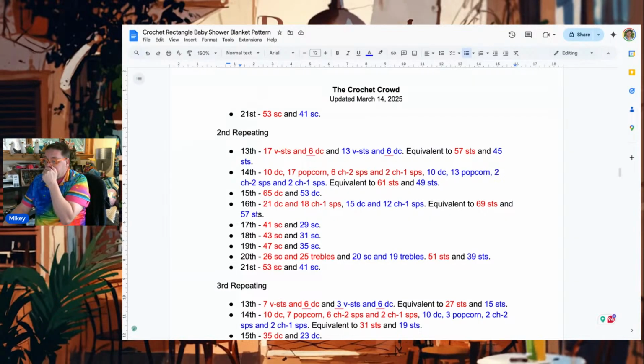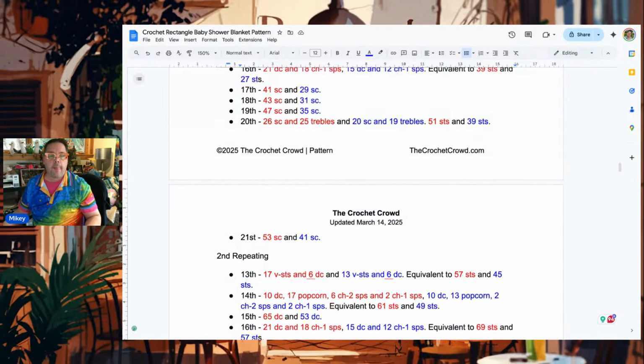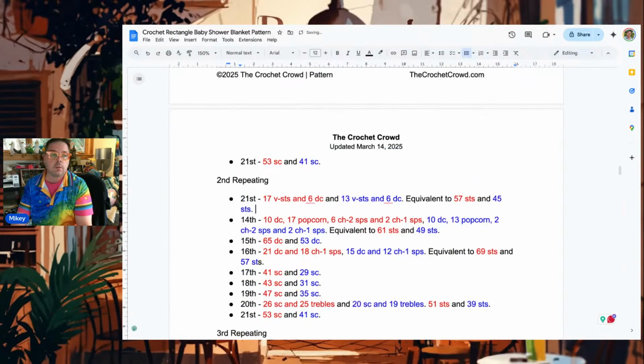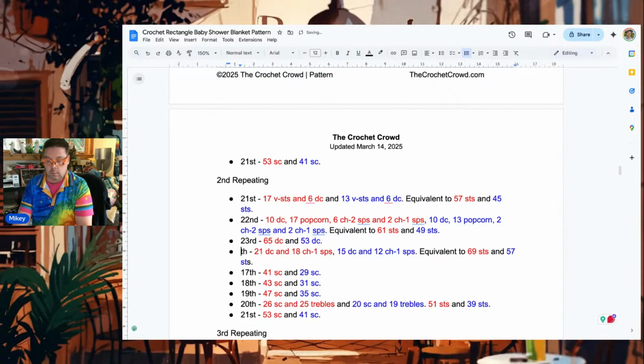Okay, so we got that. So it's 21st, 23rd, 28th and 29th.